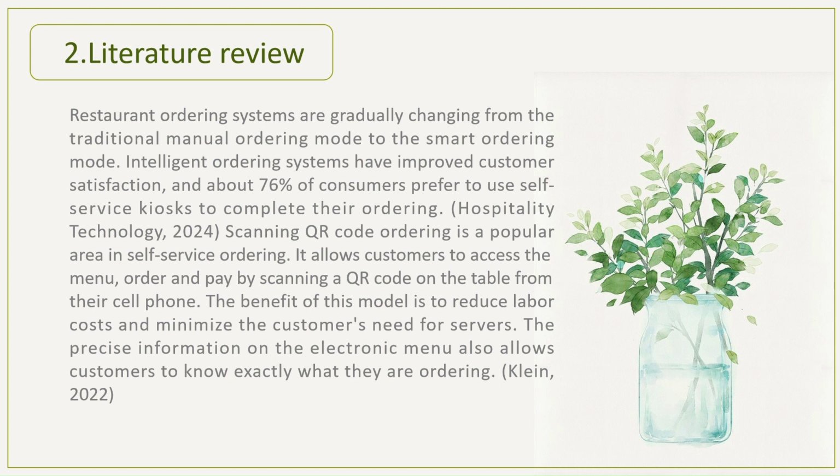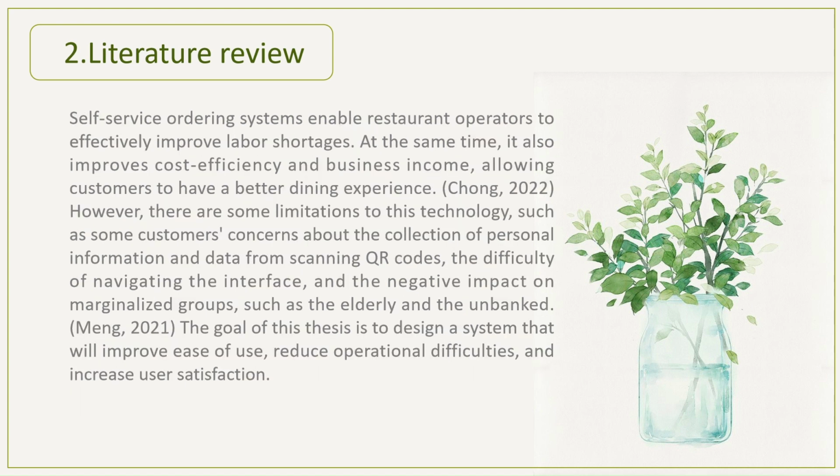The benefit of this model is to reduce labor cost and minimize the customer's need for service. The information on the electronic menu also allows customers to know exactly what they are ordering. Self-service ordering systems enable restaurant operators to effectively ease the labor shortage.